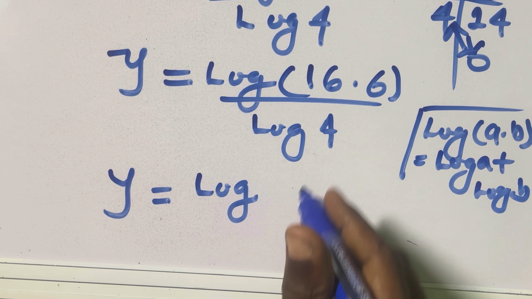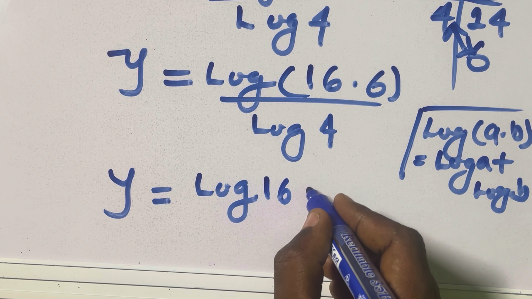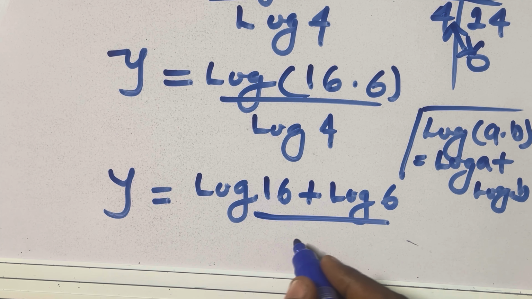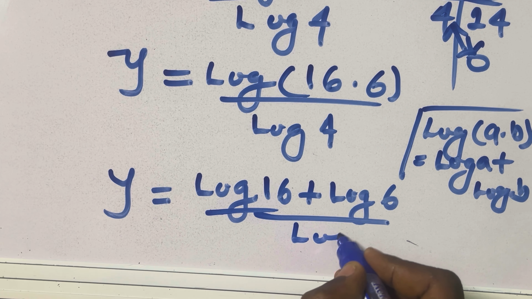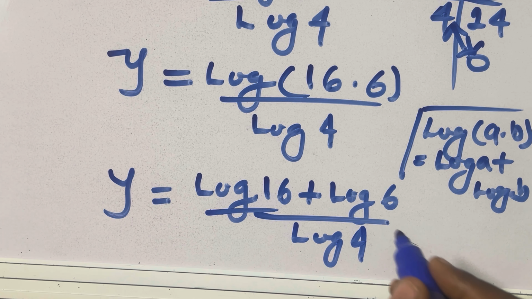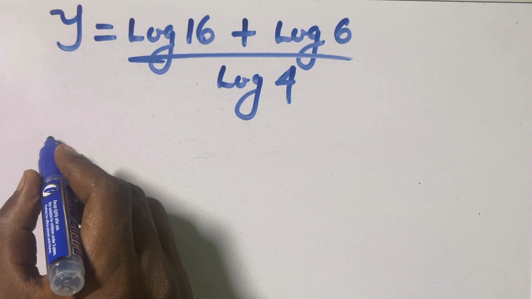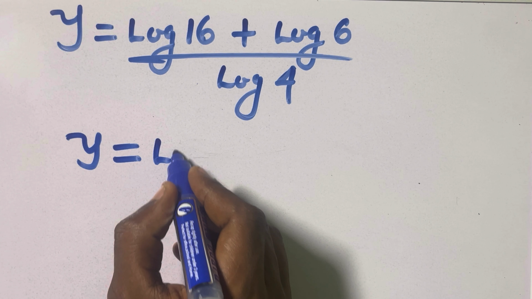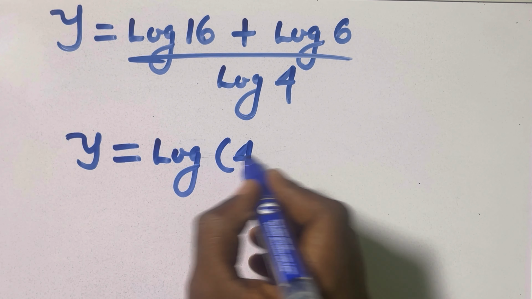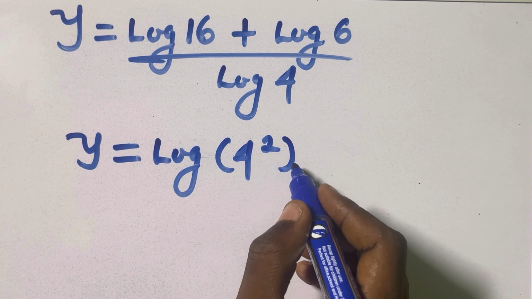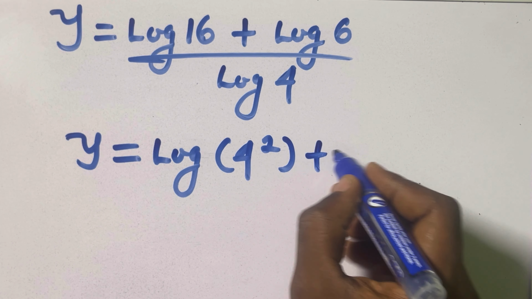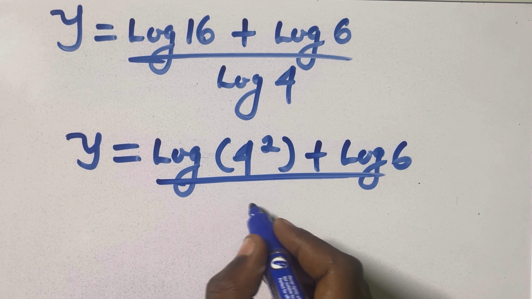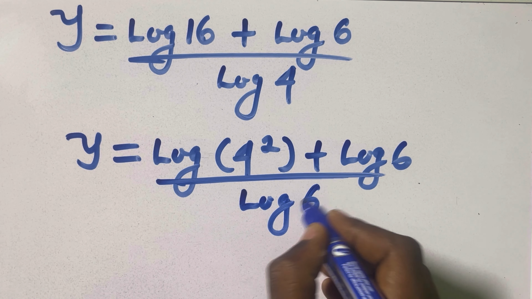Applying this here, we are going to have log 16 plus log 6 divided by log 4. So y equals log 4 raised to power 2 plus log 6 divided by log 4.